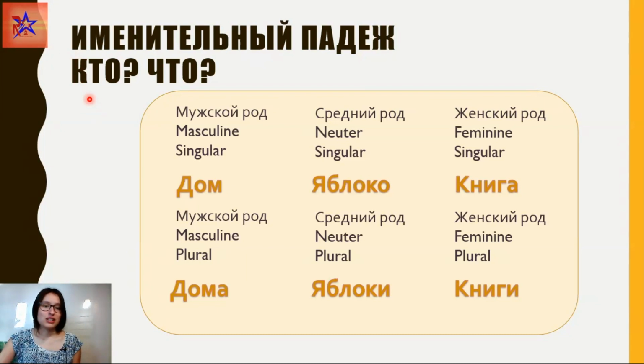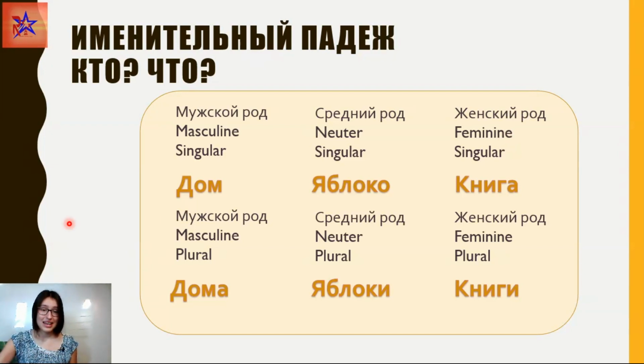And now let's learn more about nominative case. It answers questions кто, что. And first of all, when we are thinking about the endings and the different cases, we need to remember to which gender it belongs. As you remember, so let's just revise shortly. We have 3 genders: masculine, neuter, and feminine. And more frequently, we have different endings for all the genders.